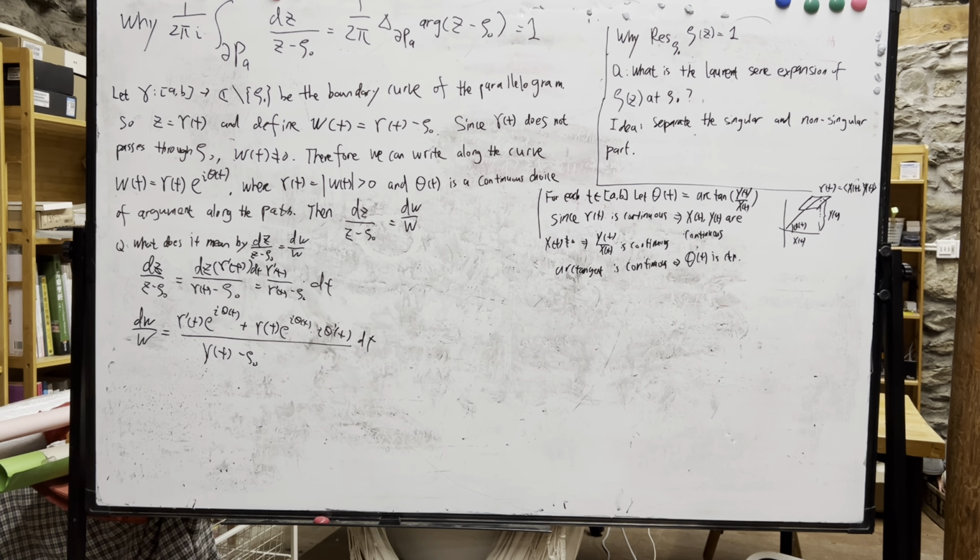Because when I view dz over z minus zeta naught, I view it as a differential form of degree 1, or one form. But how can I view d omega as a one form?